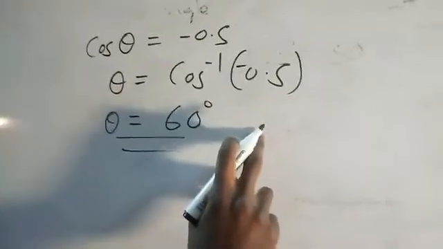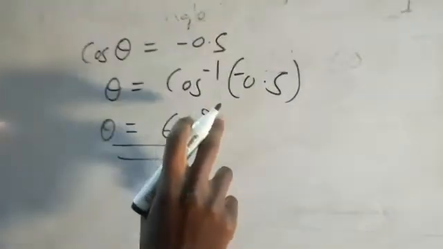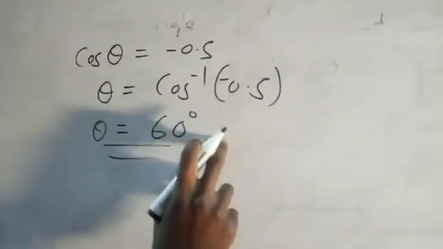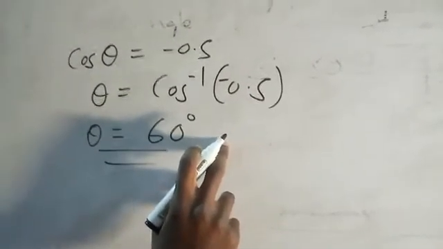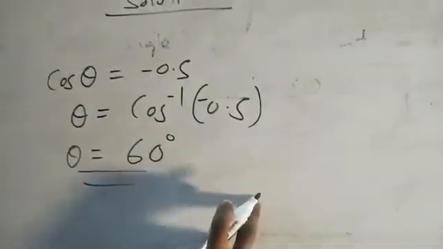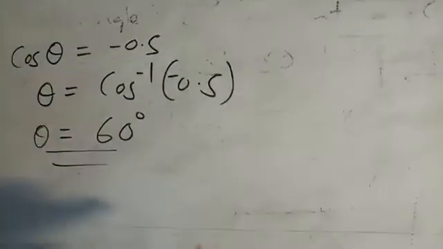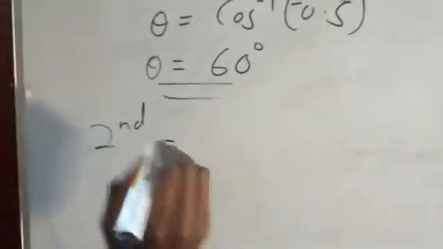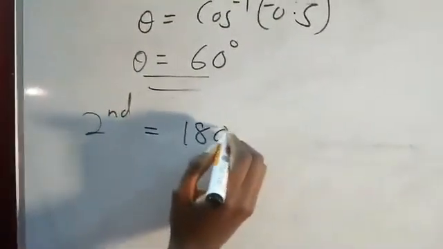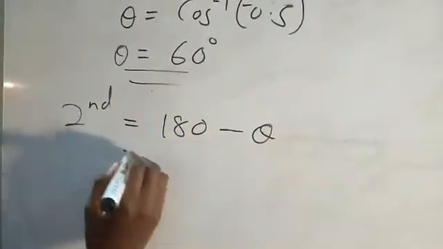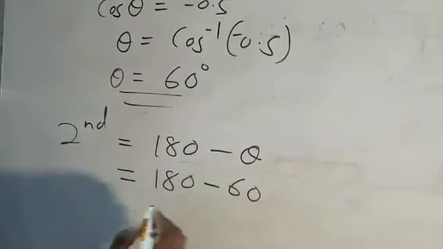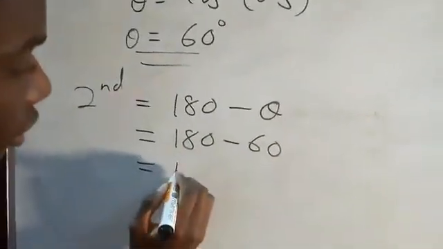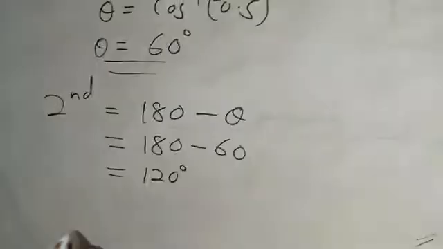But we know that for cos of an angle to be negative, it has to be in the second or third quadrant. In the second quadrant, it will be 180 minus theta, becoming 180 minus 60, becoming 120 degrees.